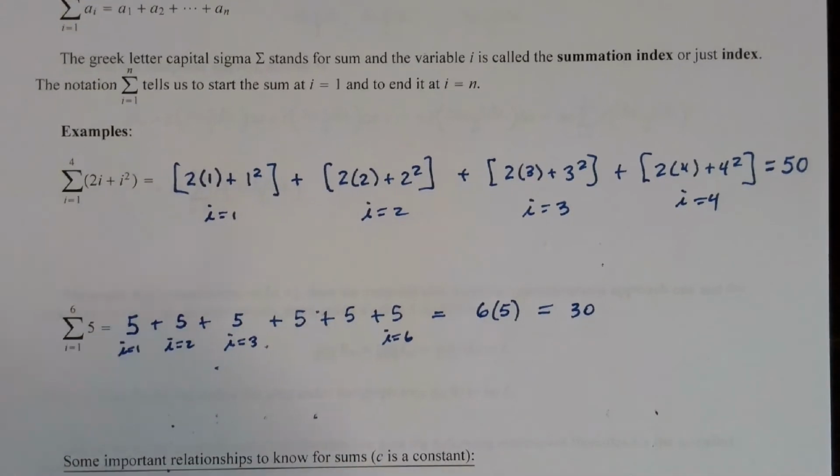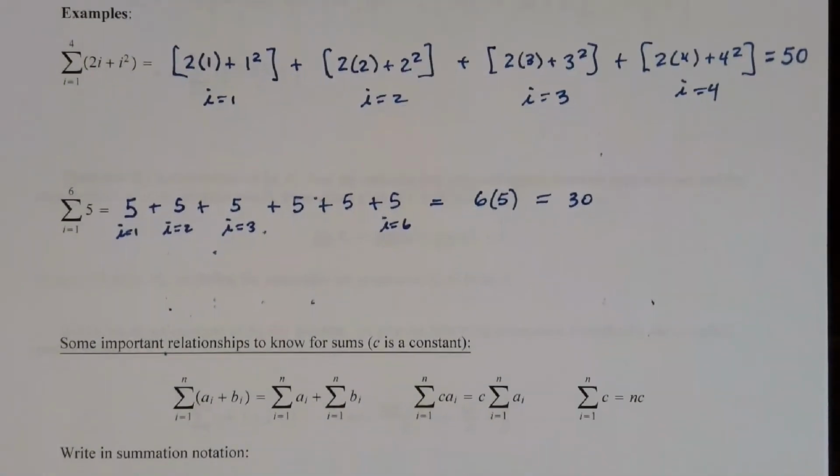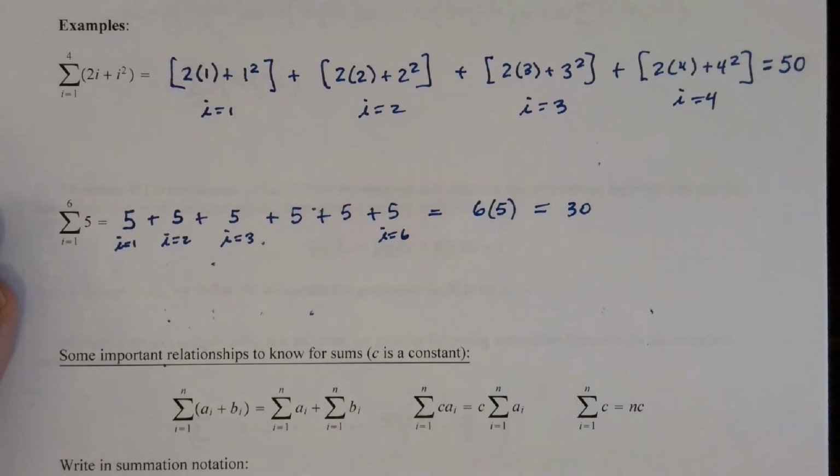Now, some important relationships to know with summation notation are the following. If I have i equals 1 to n, and I have some expression a sub i plus another expression b sub i, then I can treat these as just the sum of the a sub i's plus the sum of the b sub i's. Let me illustrate that up here.